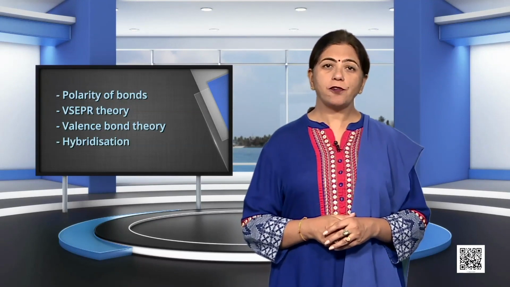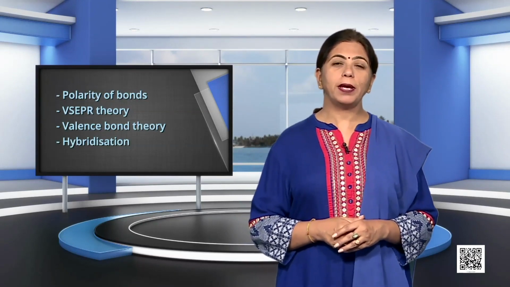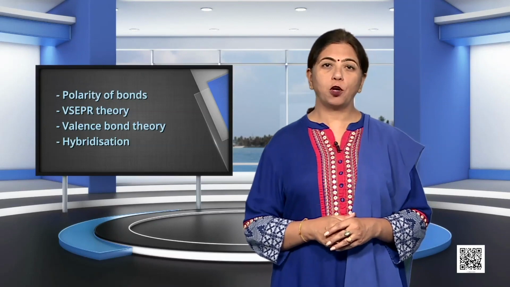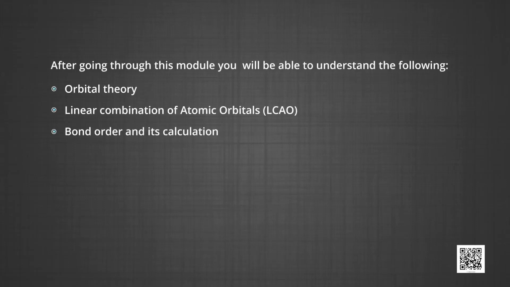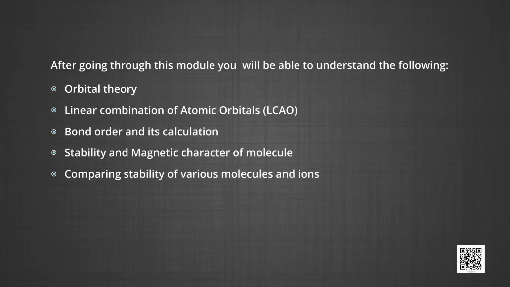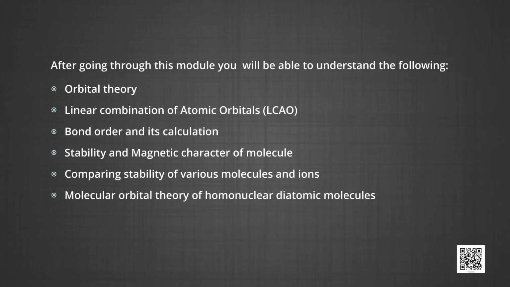After going through this module, you will be able to understand the following: molecular orbital theory, linear combination of atomic orbitals, that is LCAO, bond order and its calculation, stability and magnetic character of molecule, comparing stability of various molecules and ions, molecular orbital theory of homonuclear diatomic molecules, hydrogen bonding.